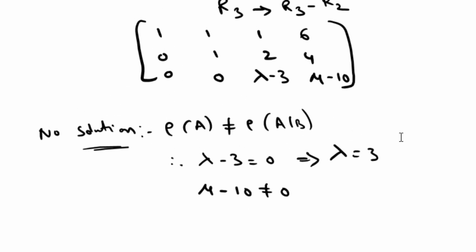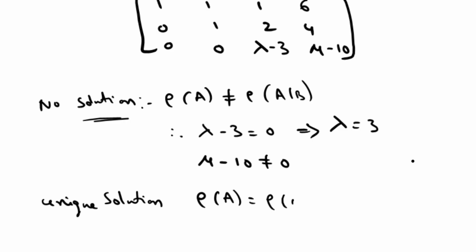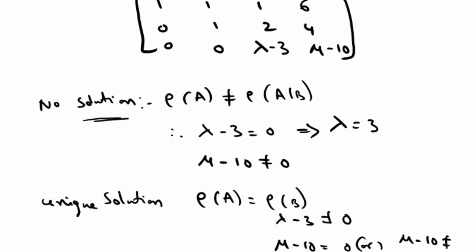For a unique solution, rank of matrix A must be equal to rank of matrix B. Therefore lambda minus 3 must not be equal to 0, and mu minus 10 may be 0 or mu minus 10 must not be equal to 0.